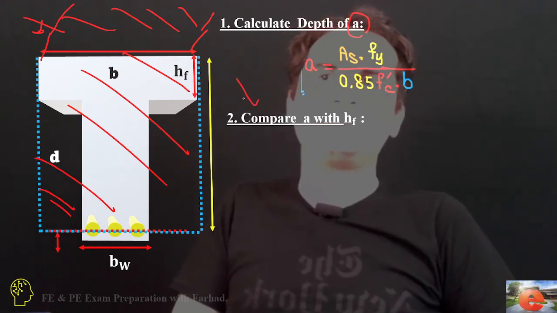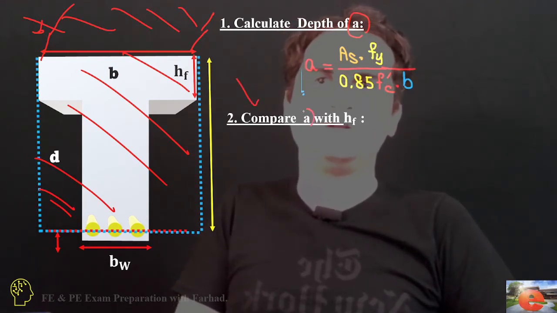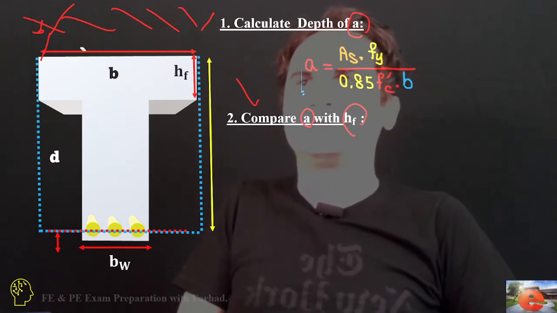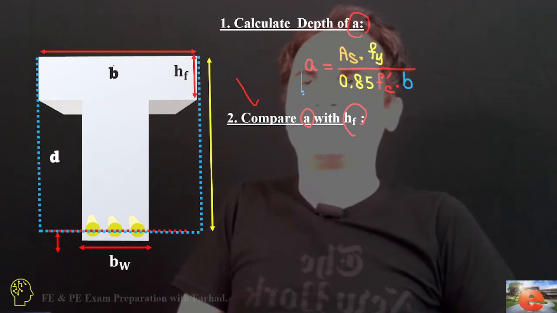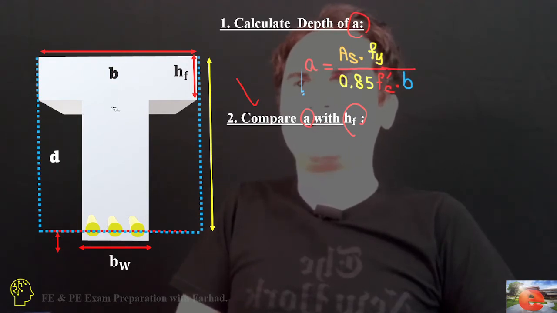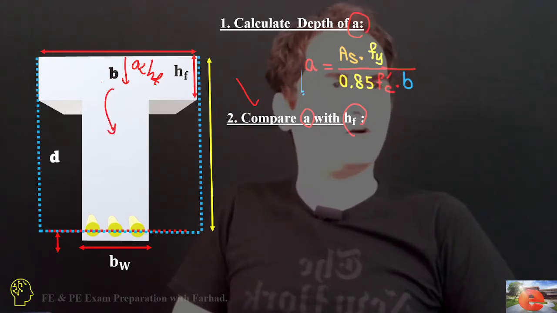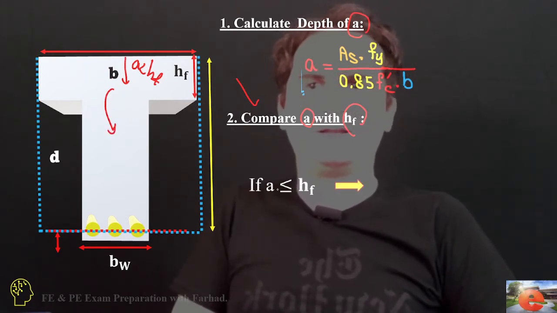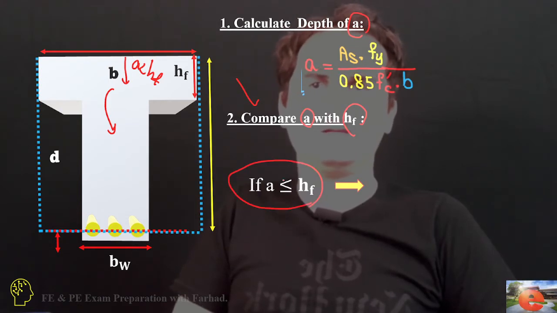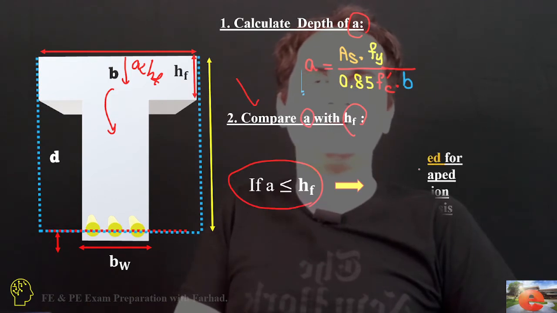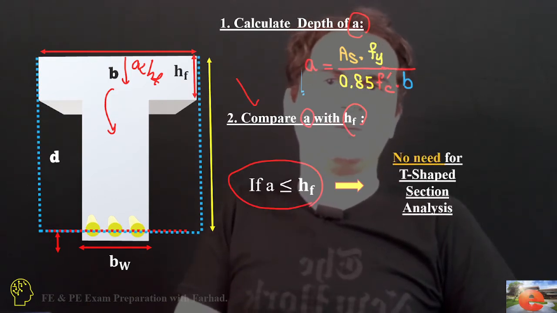The second part is to make a comparison between a and the height of the flange. If the height of the Whitney block is less than hf, we are not entering the web of the T section, so there is no need for T-shaped section analysis.